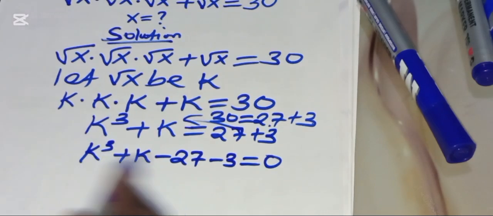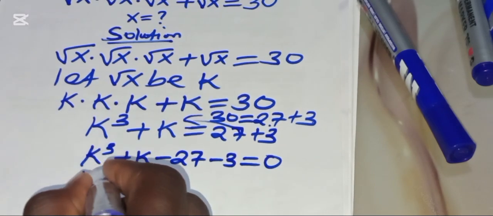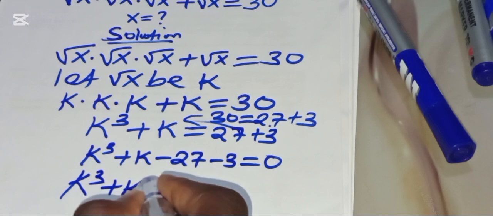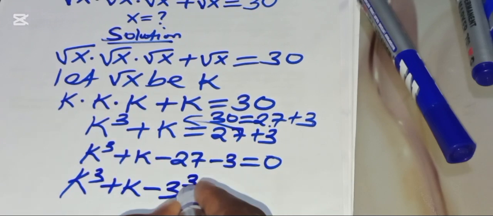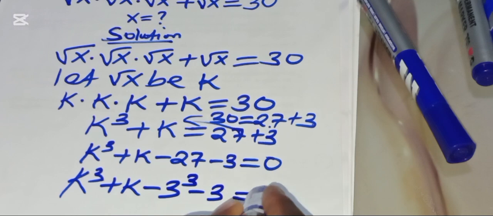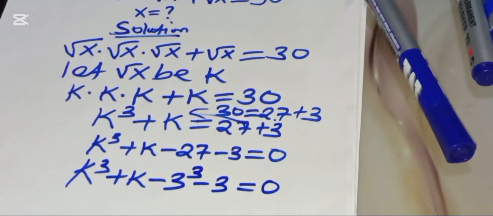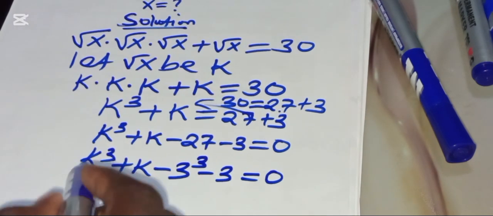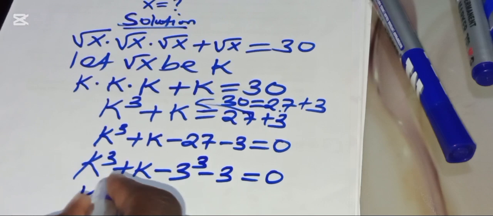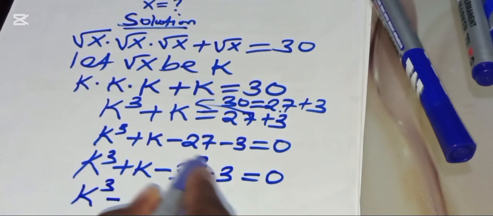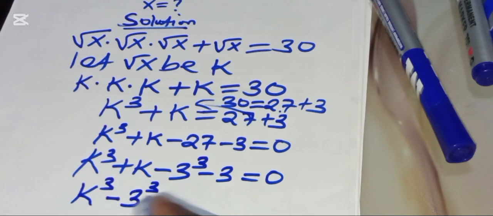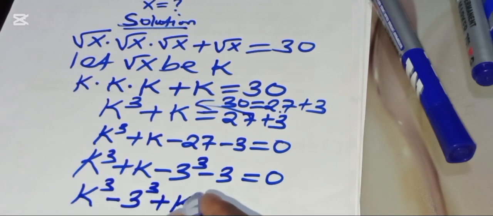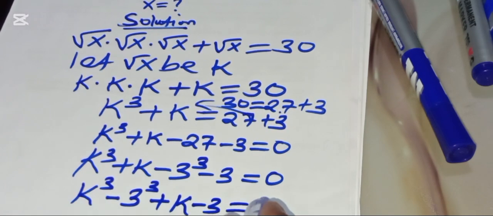Now, as you can see, we have k cubed plus k, and 27 can be expressed as 3 to the power 3, subtract 3, equal to 0, all right? From here, we're going to write this as k cubed subtract 3 cubed, with the same powers, plus k subtract 3, equal to 0.